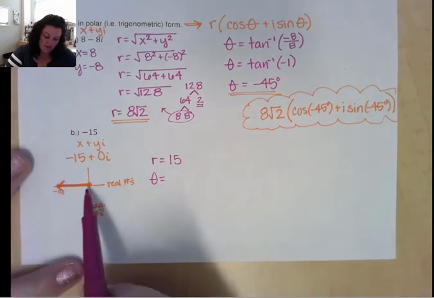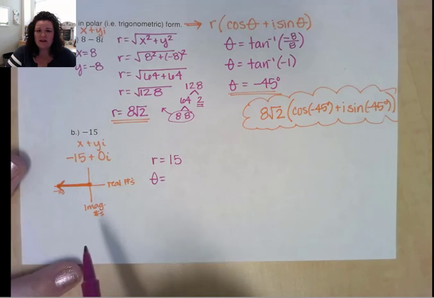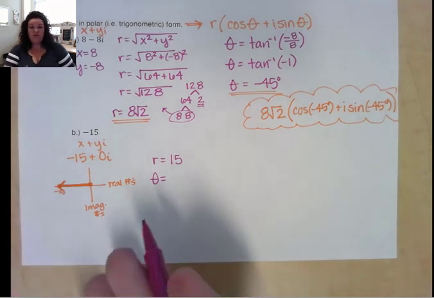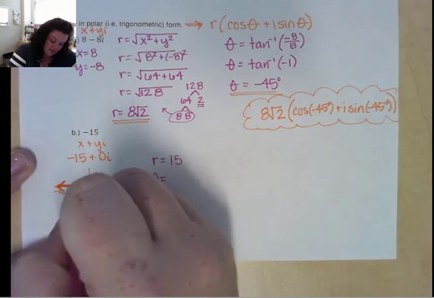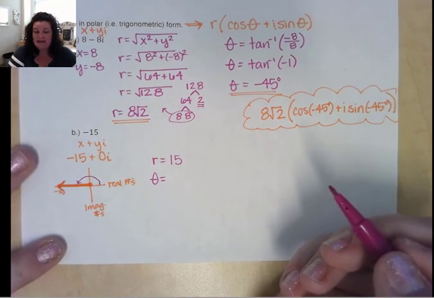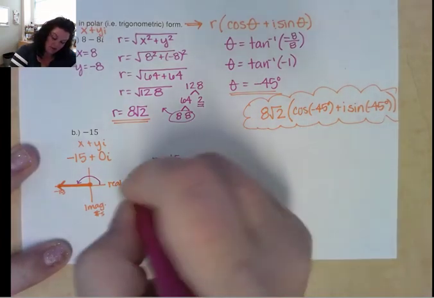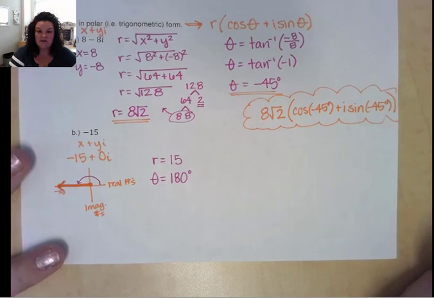So we know our radius is 15. Then we need to know our theta. If you just looked at this like it was a unit circle, theta is how far we traveled. In this case, it's straight out on the negative x-axis, which means our theta is 180 degrees.